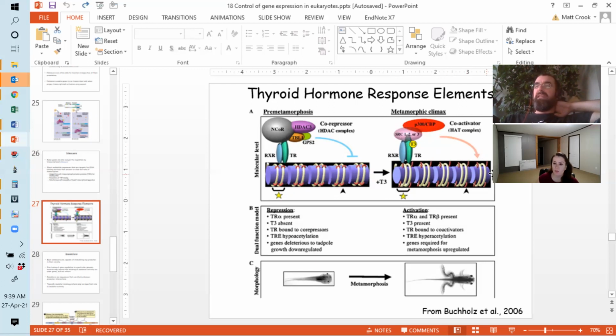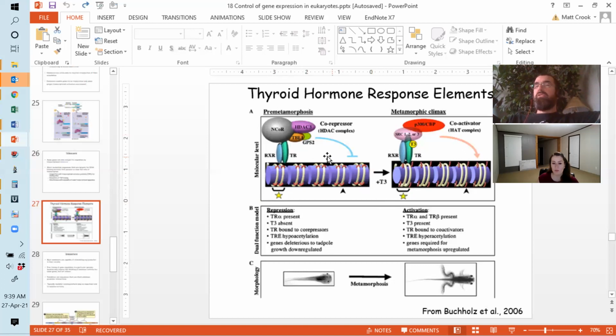Right, and so that acetylates these histones. Those histones relax, the DNA comes off and is now available for transcription. So this is an even more complex example of how the presence and absence of different proteins promotes different outcomes in terms of transcription.